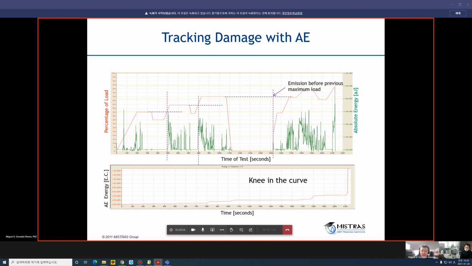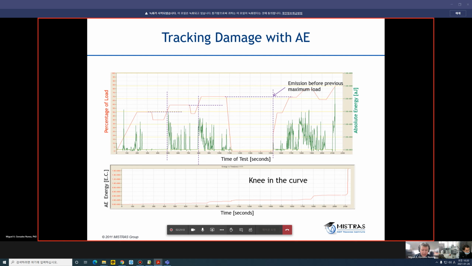And this is an example of how to track damage with acoustic emission. So this is an example of a blade of a windmill.